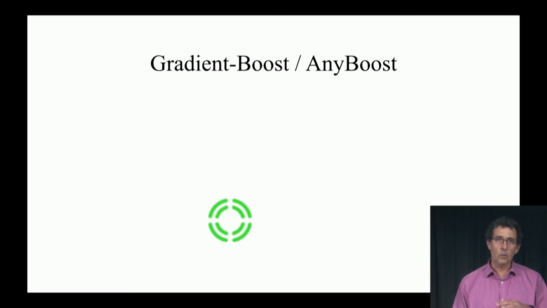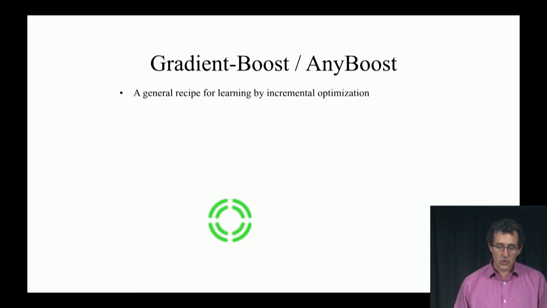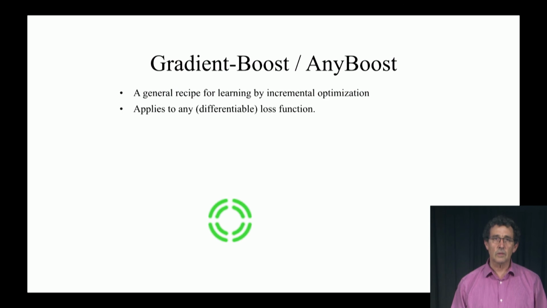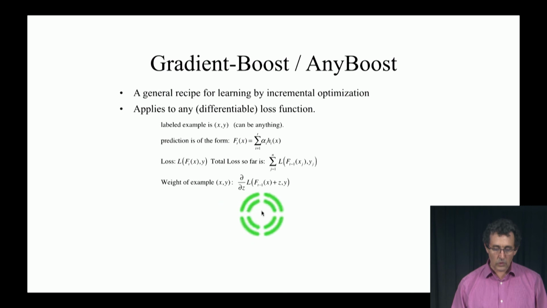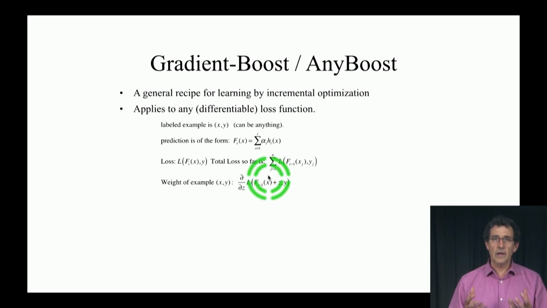There is a way of looking at all of this in a combined framework, which is called AnyBoost or gradient boost. And this is a general recipe for learning by incremental optimization. Okay, so it applies to any differentiable loss function. And what you basically do is you define the weights of the examples according to the gradient of this loss function.